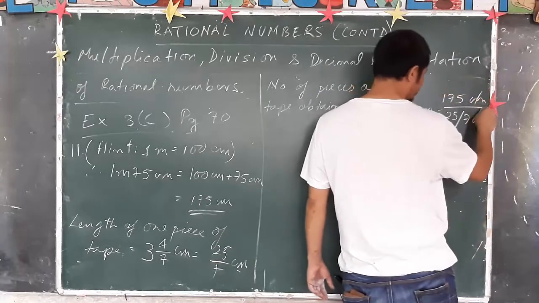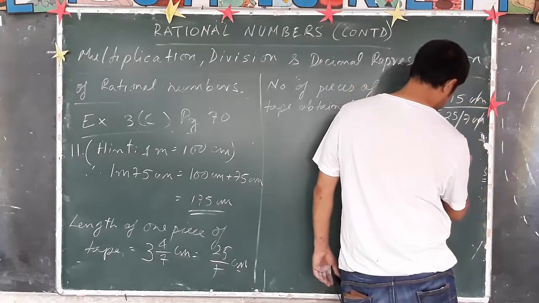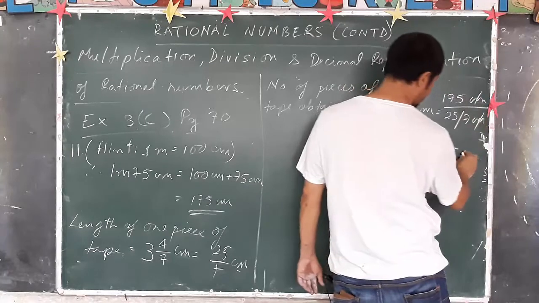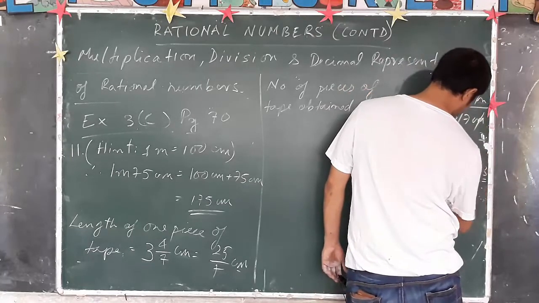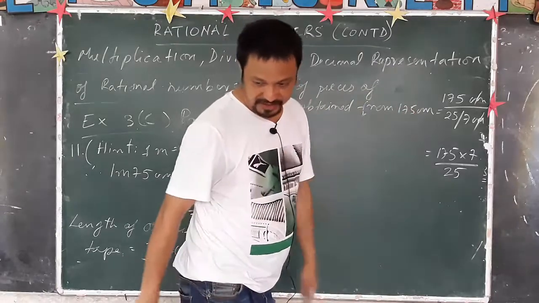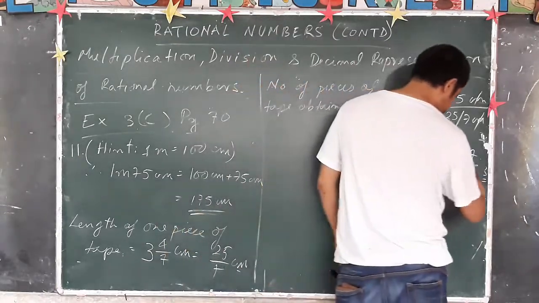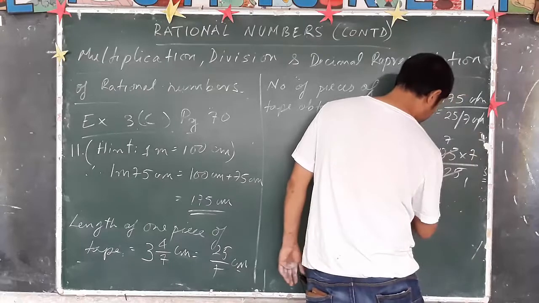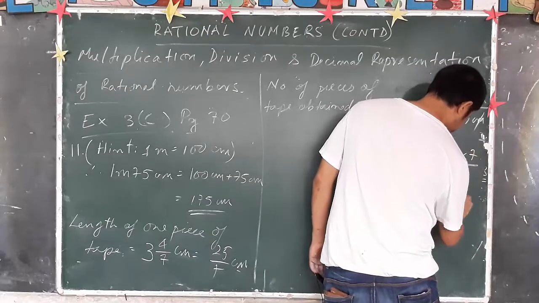Okay, this gets cut, so 175. Now this reciprocates, the 7 will go up and 25 will remain down. Then you have to reduce it further. So 25 sevens are 175, so this becomes 7 sevens are 49 tapes.